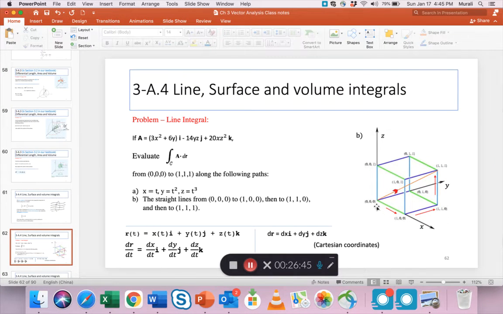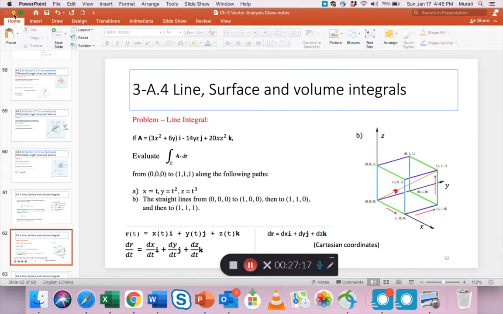And also, as you look at these, you can say, for example, in this path, there is only movement on the x-axis from the point 0 to the point 1 on the x-axis. On the y and the z-axis, you are doing no travel, right? So then we say dy and dz are 0. The limits for integration on the x side is 0 to 1.